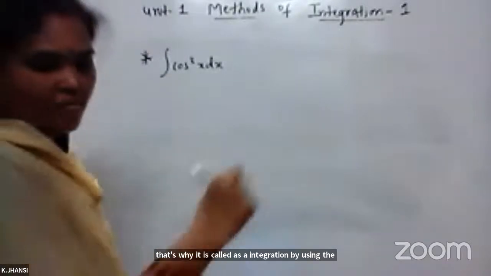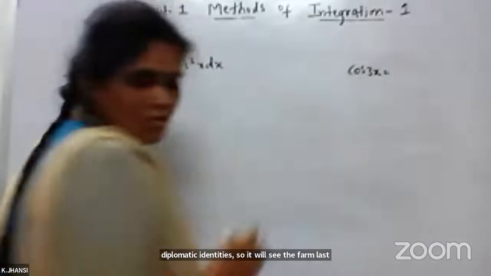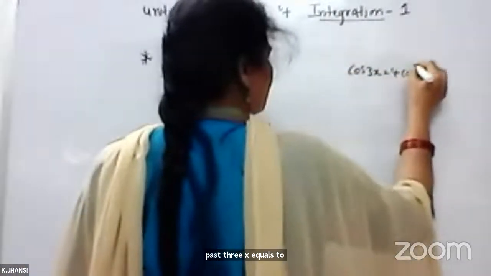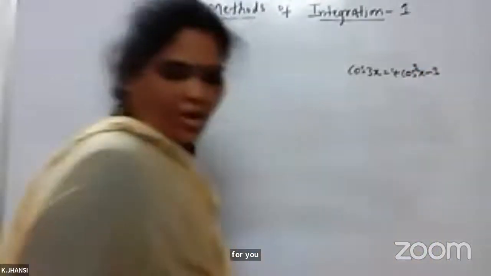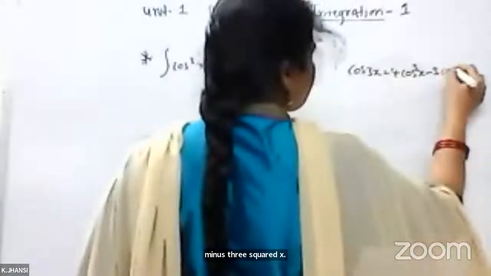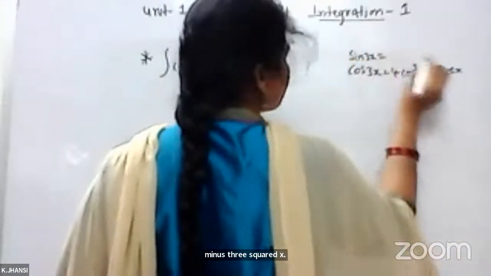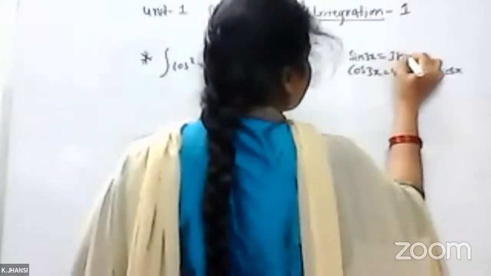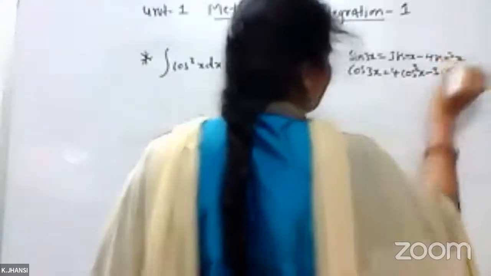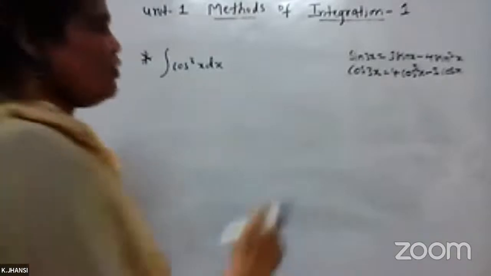So if you see the formula, cos 3x equals 4 cos cube x minus 3 cos x, and also write the sin 3x formula. Sin 3x equals 3 sin x minus 4 sin cube x. Just the inverse will be there. Okay. 3 sin x minus 4 sin cube x.